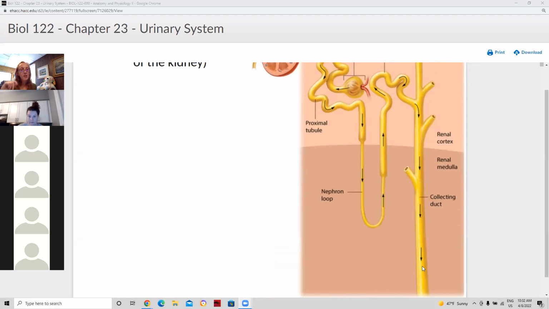So it's going to be important later. Whatever is present in the filtrate down here is going to be removed from the body as urine.